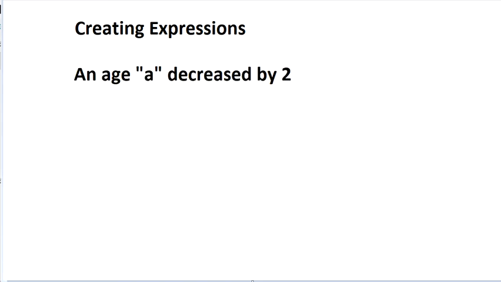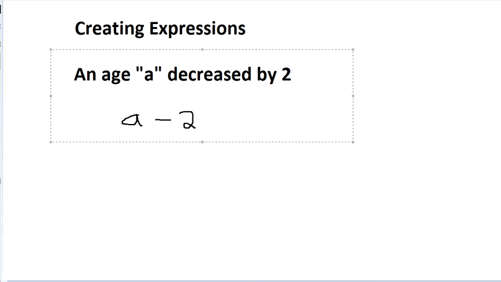So some other ones you might see this week. An age decreased by 2. Okay, so maybe somebody's age A is 42. They put on some cream that makes them look 2 years younger, so we decrease their age by 2. Alright, let's do another one that you might see this week.